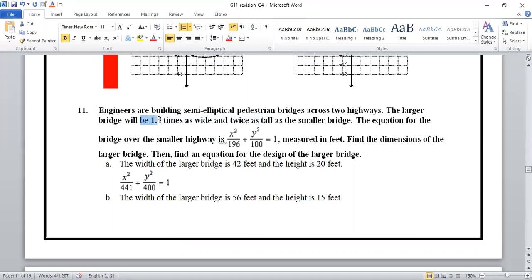So the major axis is horizontal and the minor axis vertical, as for the smaller bridge. The equation of the bridge over the smaller highway is x squared over 196 plus y squared over 100 equal 1, measured in feet.